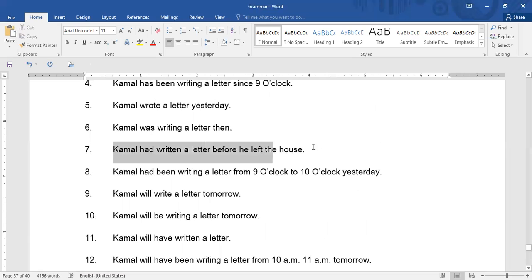Then past perfect. Others, can you change? Kamal had written a letter. A letter had been written by Kamal before he left the house. Okay, good.